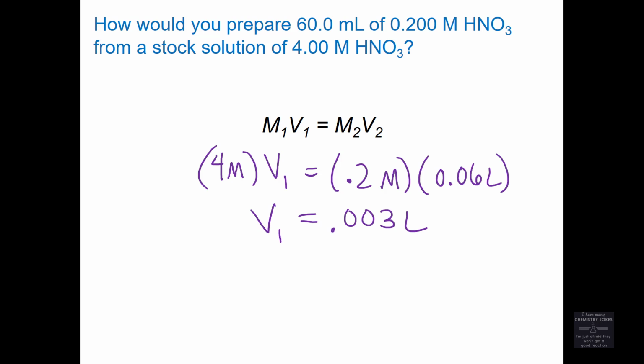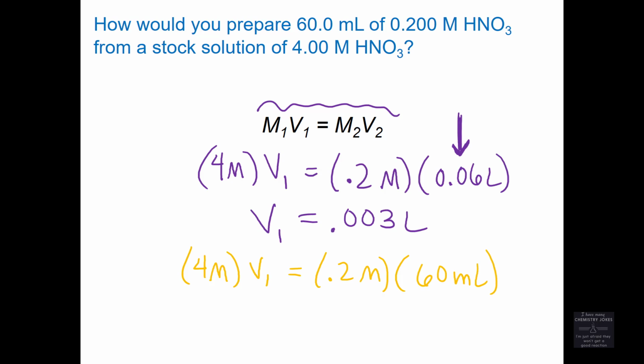Note, this M1V1 is really a ratio equation, and I did convert my volume to liters because that's what I did in the first way I worked it. However, I didn't have to do that. Because this is just a ratio, I could have said M1 times V1 is equal to M2 times V2, and I could leave my volume in milliliters.